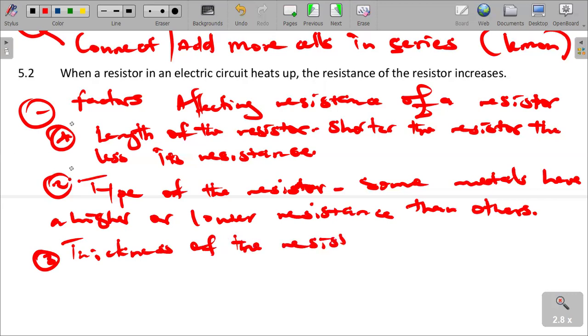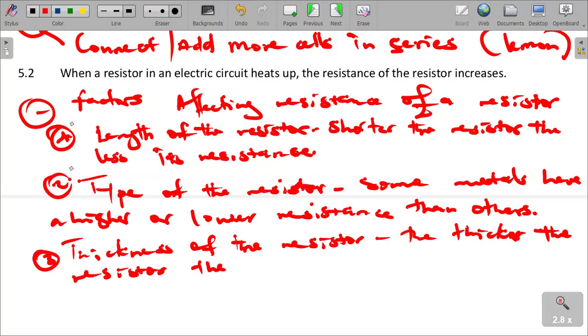You need to know that the thicker the resistor, the lower its resistance.